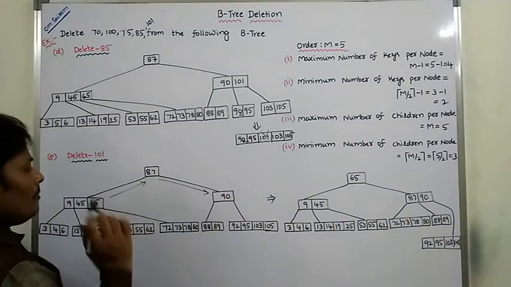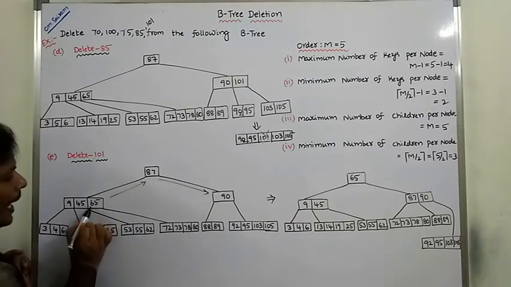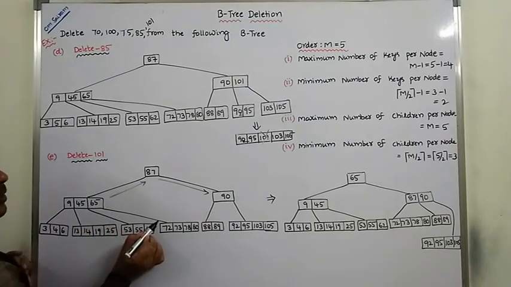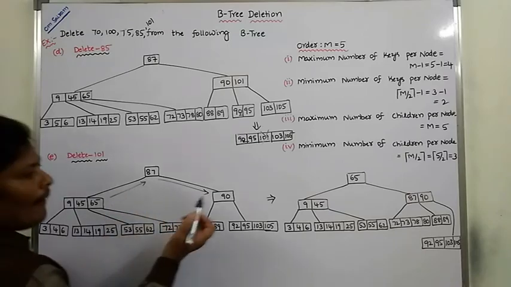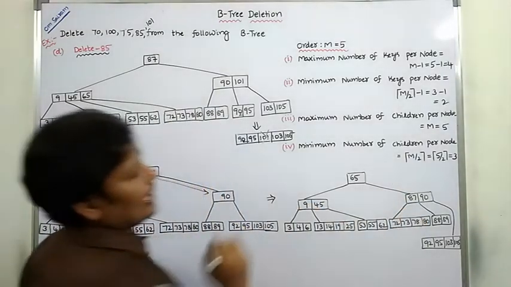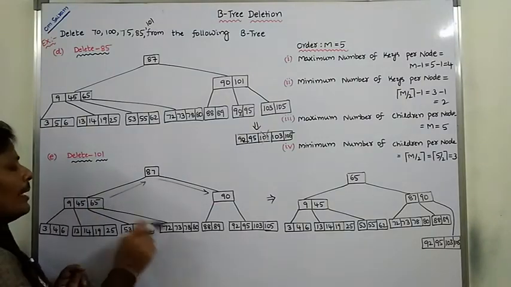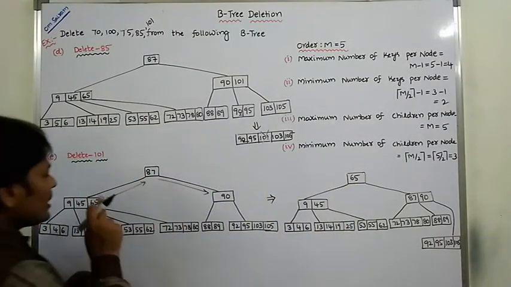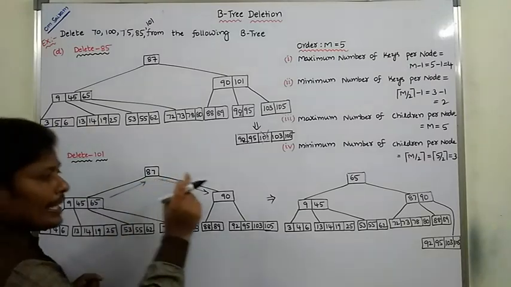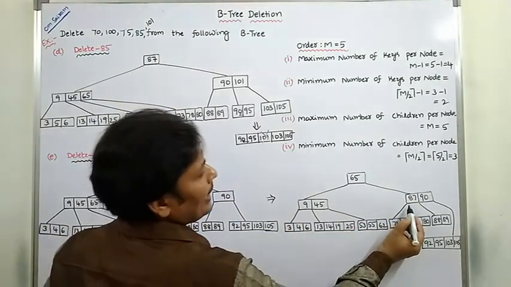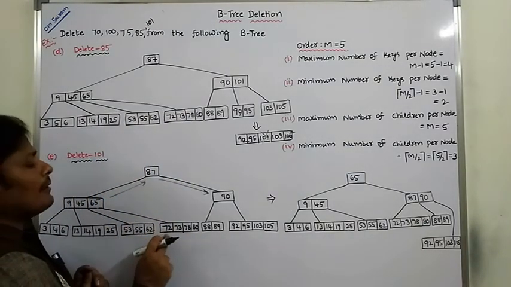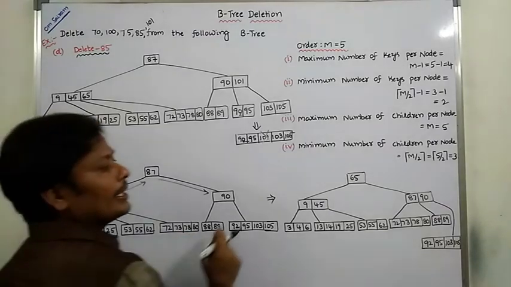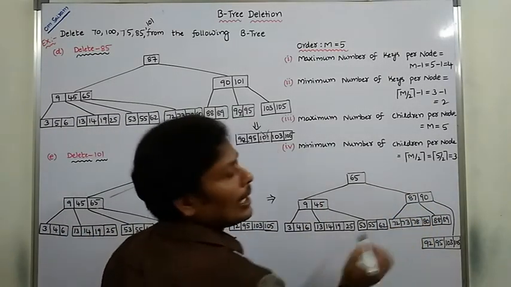Okay, next. 65's right child is 72, 73, 78 and 80. These elements are 87's left child. 65 is now the root node, and 65's right child becomes 87's left child. 65's right child contains 72, 73, 78, 80, and they become 87's left child.